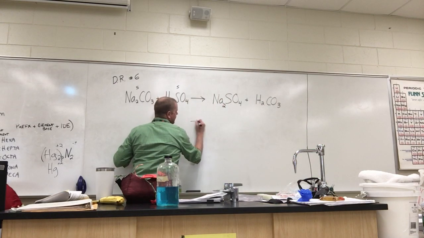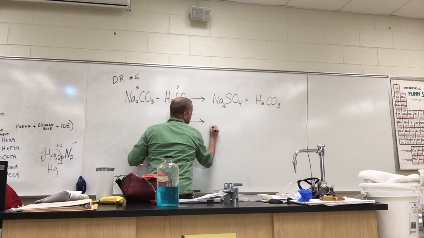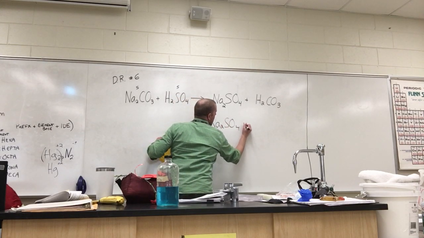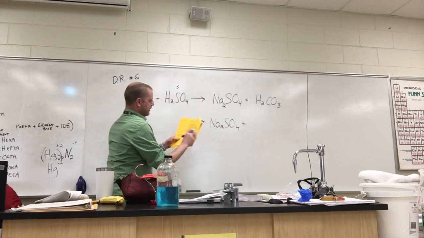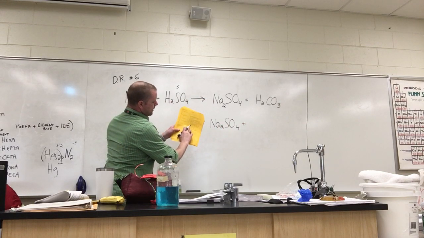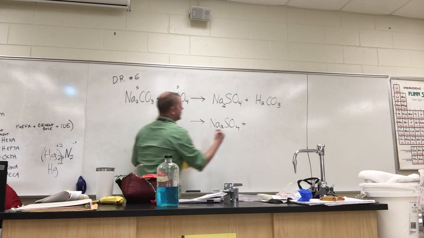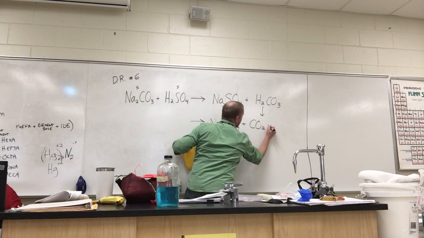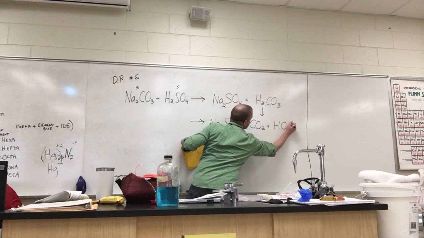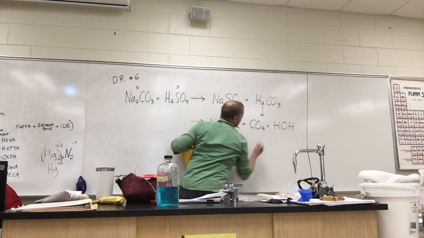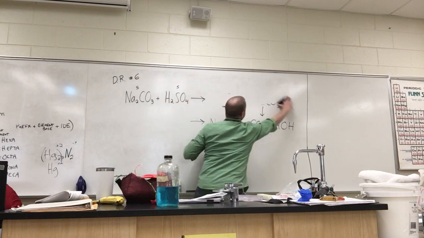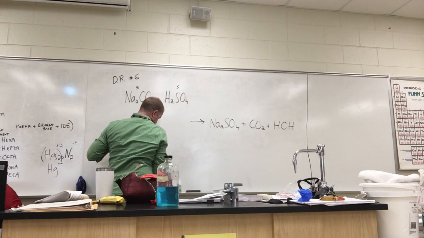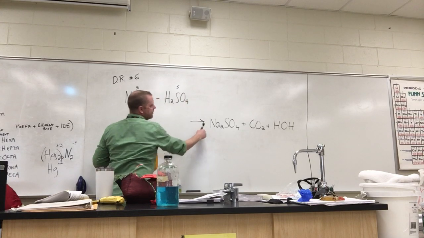So the correct answer is actually this: Na2SO4 plus, and H2CO3 becomes CO2 and water. So this would break down into CO2 plus HOH, because I like writing water as HOH. And this is the correct answer.